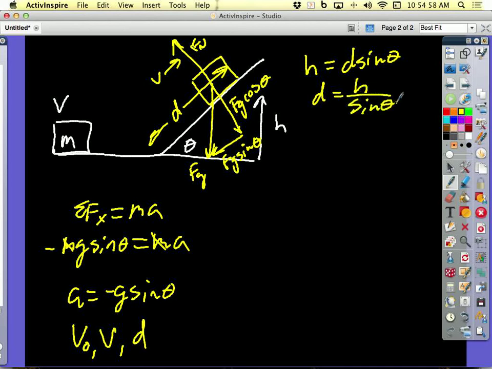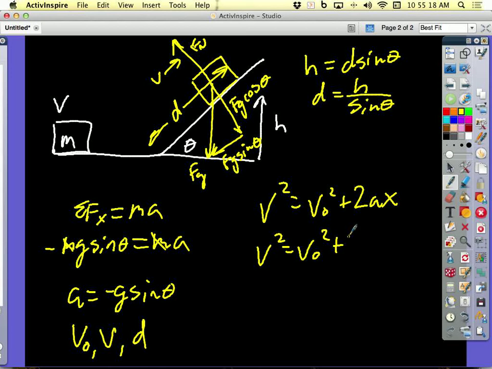So I can plug that in down here. Well, I can put all this stuff together in an equation that works. So v squared is equal to v0 squared plus 2ax. And in this case, instead of x, I'm going to use d, so then I have v squared equals v0 squared plus 2ad, and d is actually h over sine theta.